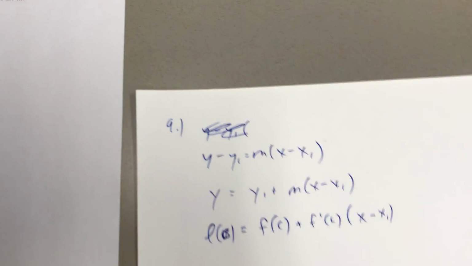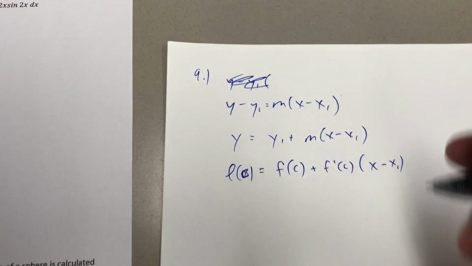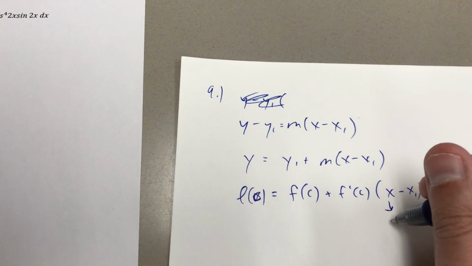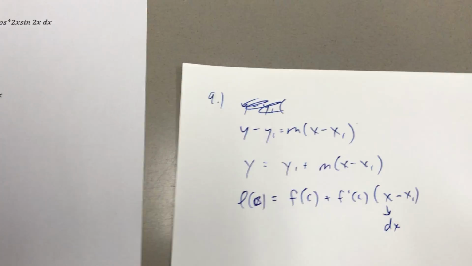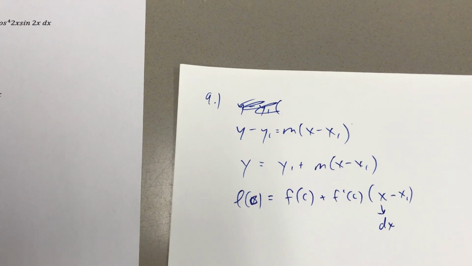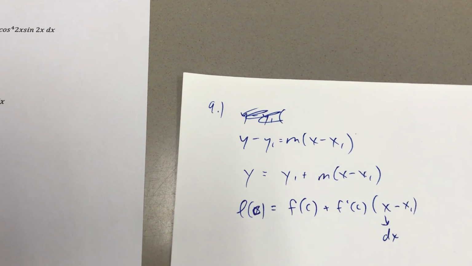You can do that sort of thing. So anyway, you'll see a couple of options on here. Actually, a lot of times this is written as dx because this just ends up being the change in x between your 2 points. So anyway, a bunch of different ways that you can write this.